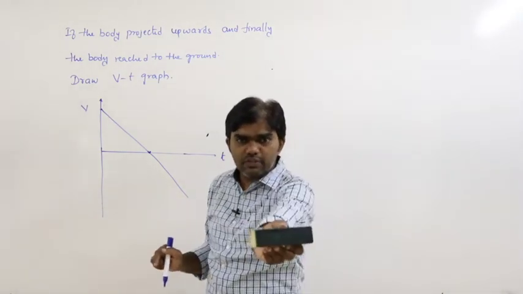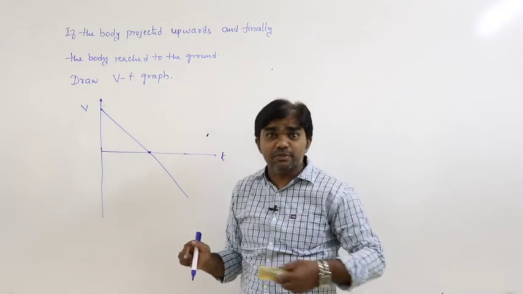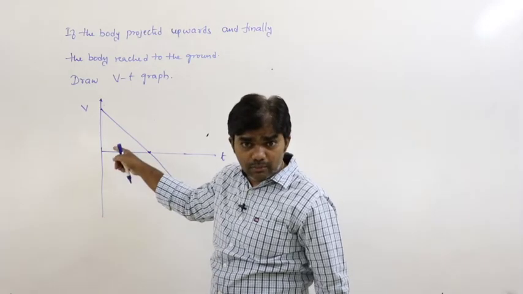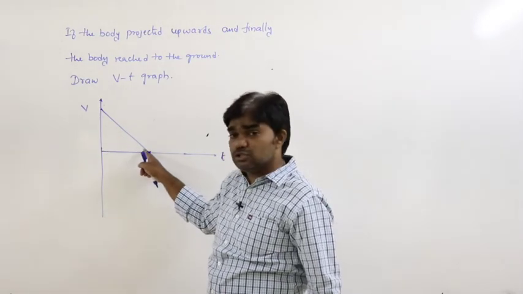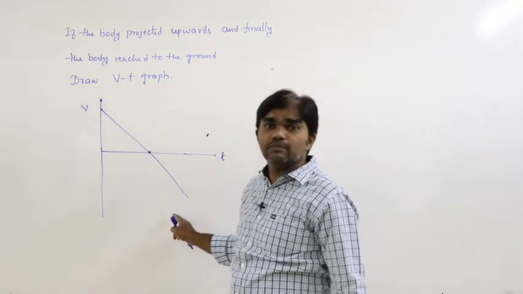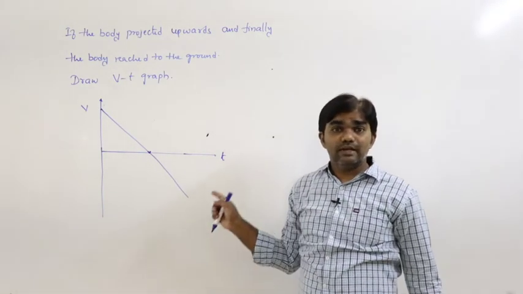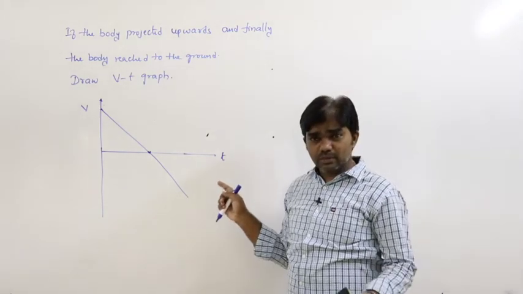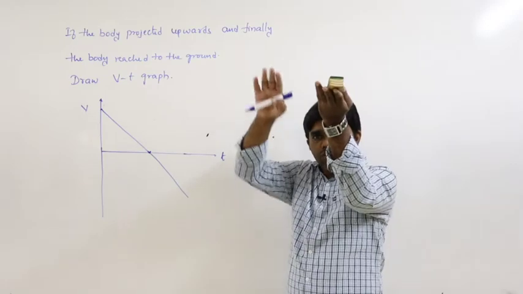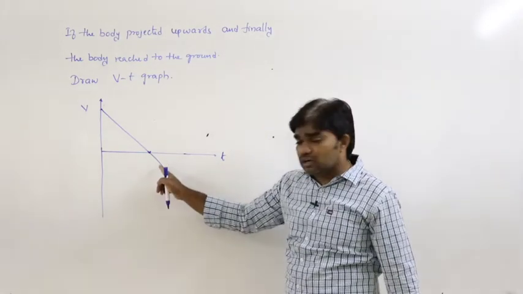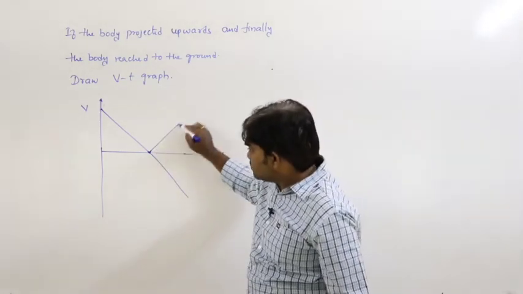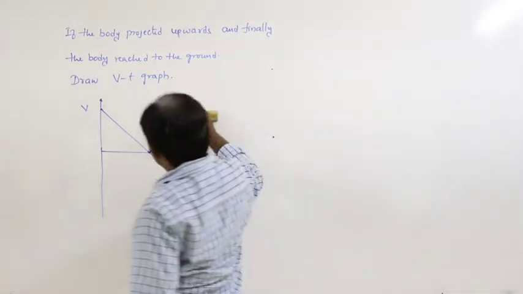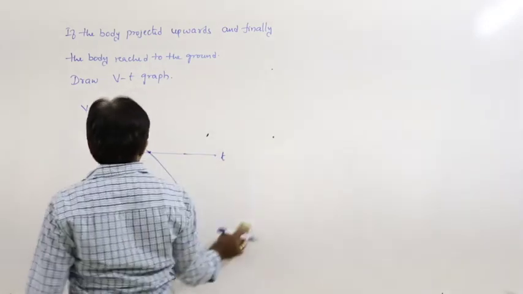In the forward direction if it is positive, in the reverse direction it must be negative. In the same way, while the body moves upwards, velocity is positive, but while moving downwards, velocity is negative, because velocity is a vector quantity. So that's why upward direction is positive, downward direction is negative. That's why we must draw the graph like this. This is not the possible graph. This is wrong. This is right. So this is the velocity time graph.